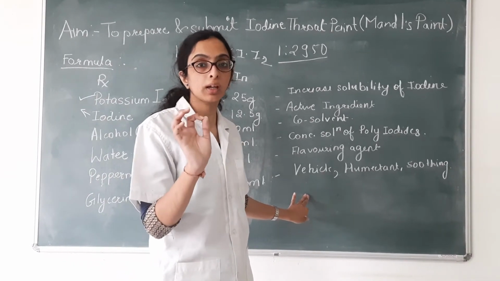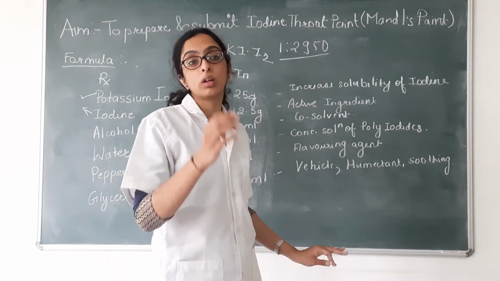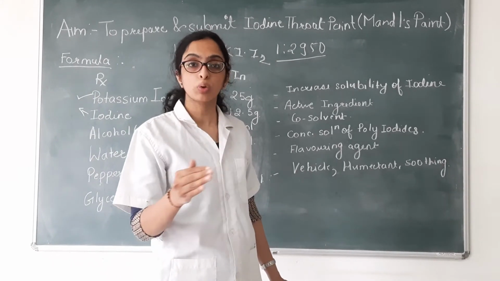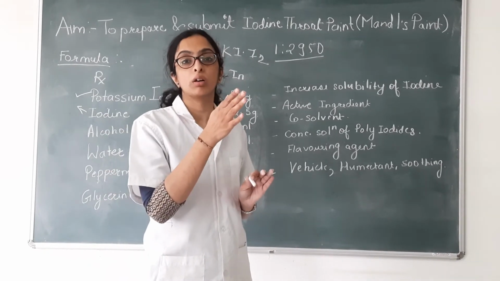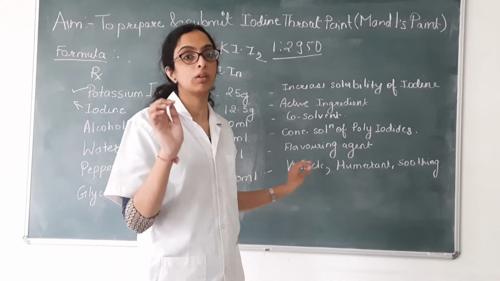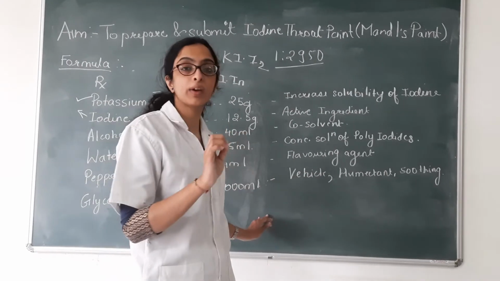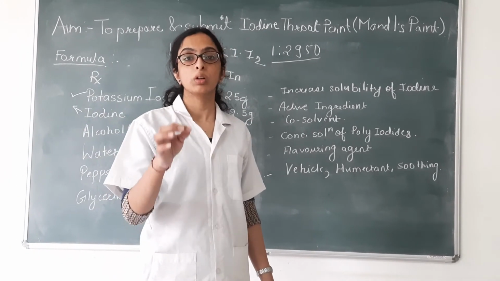So the preparation will not wash out from the affected area, it will remain adhered to the site of action, and it will give you a good therapeutic result. That is the reason why glycerin is used as a solvent in iodine throat paint.